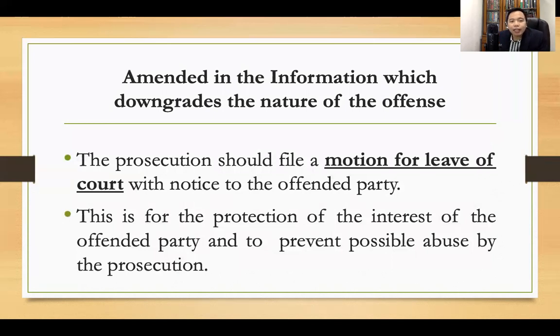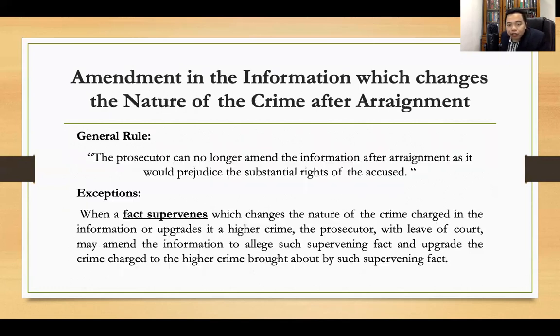Take note again that if the amendment is made to the information and it downgrades the nature of the offense, it can only be made with motion for leave of court and notice to the offended party. This is for the protection of the interest of the offended party and to prevent possible abuse by the prosecution. Now, take note of that.